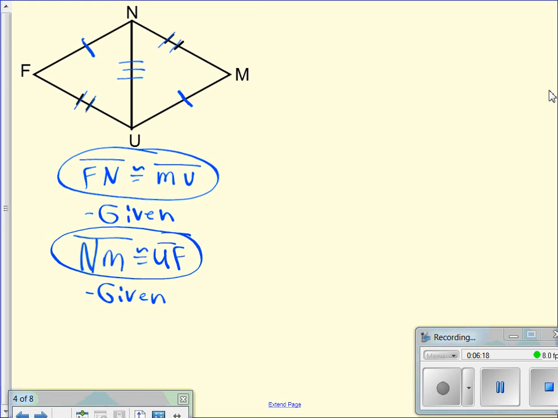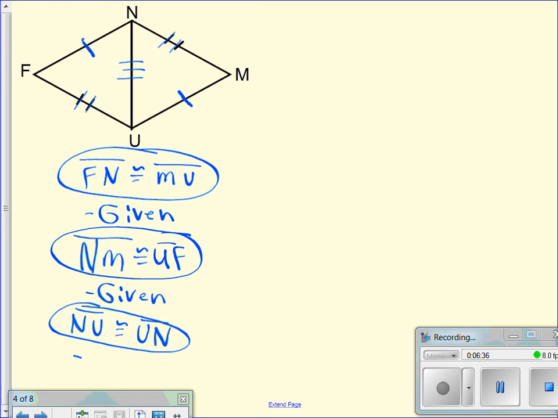So my next statement here is NU is congruent to UN. And again, the order of the letters doesn't really matter. NU and UN are congruent.